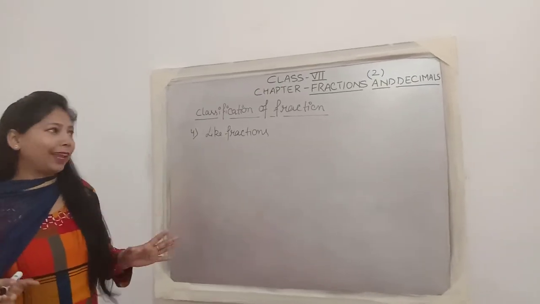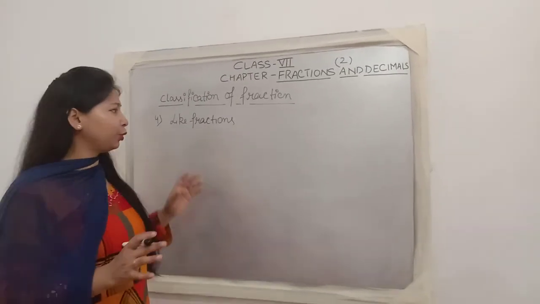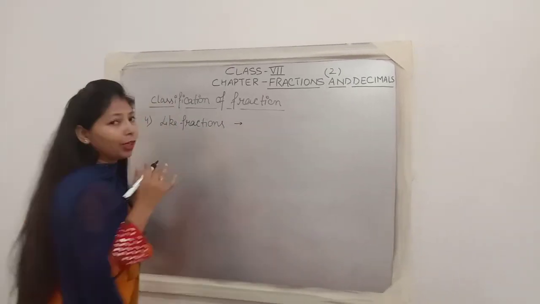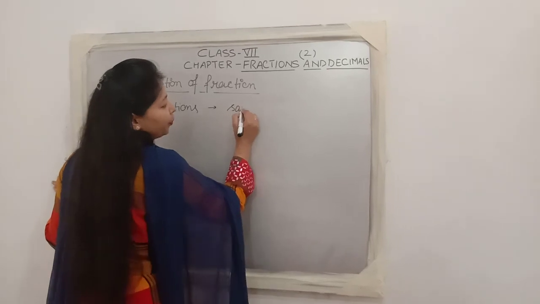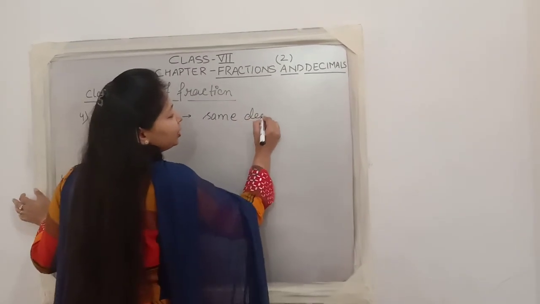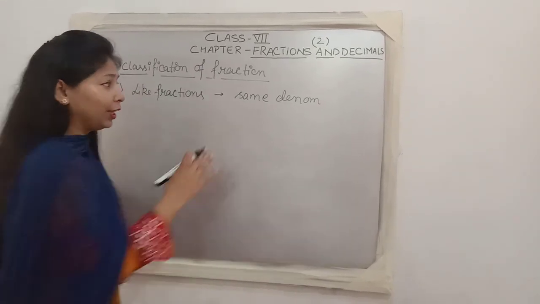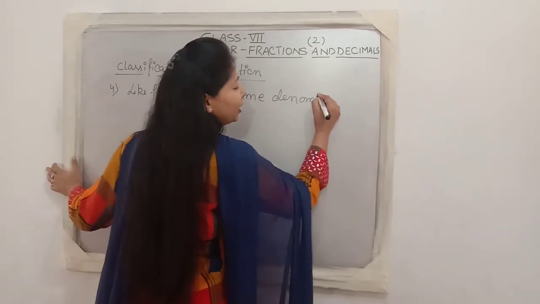Now what are like fractions? Two or more fractions are said to be like fractions if they have the same denominator. What is the definition? Two fractions are said to be like fractions if they have the same denominators.